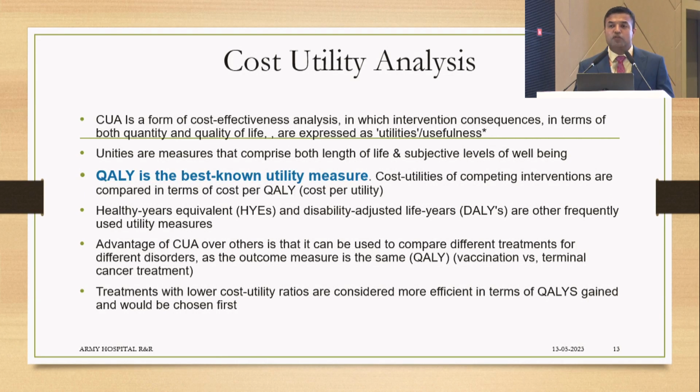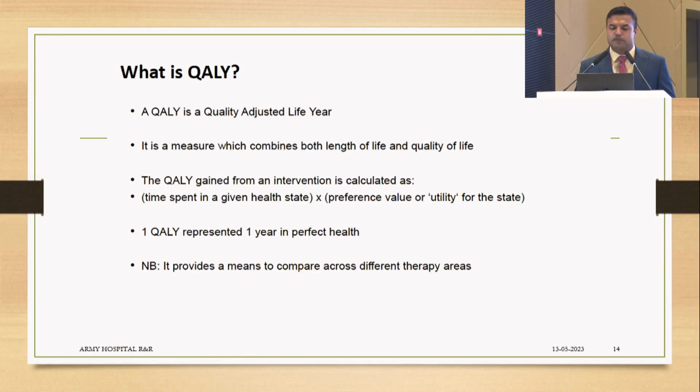Next is cost utility analysis. So how is it different from effectiveness? Utility talks about the impact on the length of life and subjective levels of well-being. Quality adjusted life years is the best known utility measurement scale, and one QALY represents 1 year of perfect health.